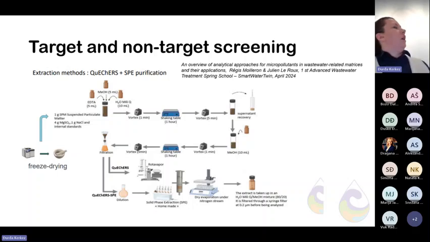There is a lot of vortexing, shaking and mixing, etc. And after that, we do the SPE extraction with homemade cartridges, and later on target and non-target screening was performed.